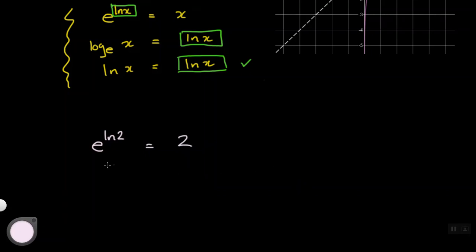That makes a lot of sense based on e to the power of ln of x always equals x, which of course is the input in that natural log trapped in that exponent. So if we do a couple more quick ones here, how about e to the power of ln of 3? That's the same as the number 3. And if we want to do something strange like e to the power of ln of pi, well, guess what? That is pi.